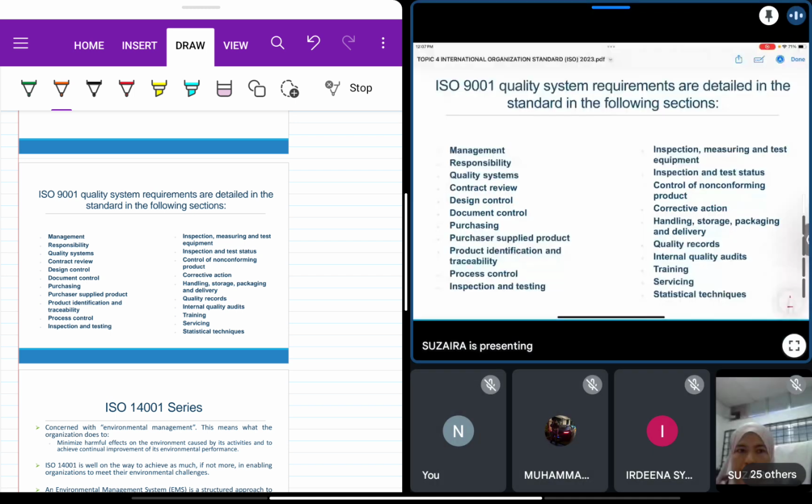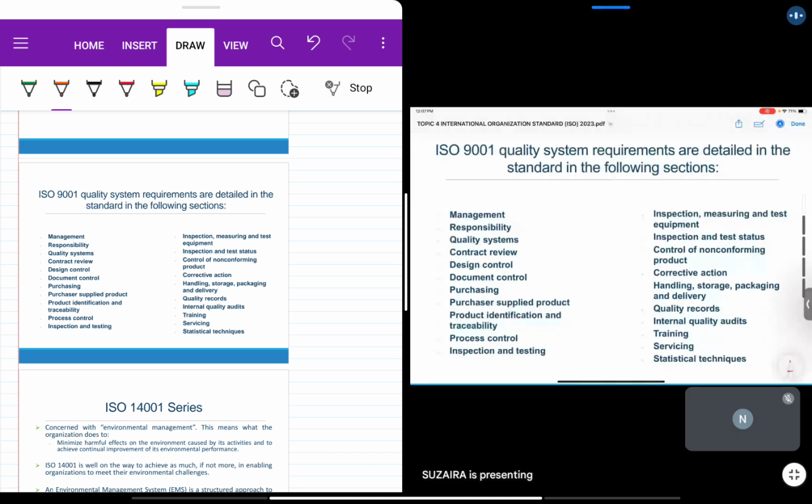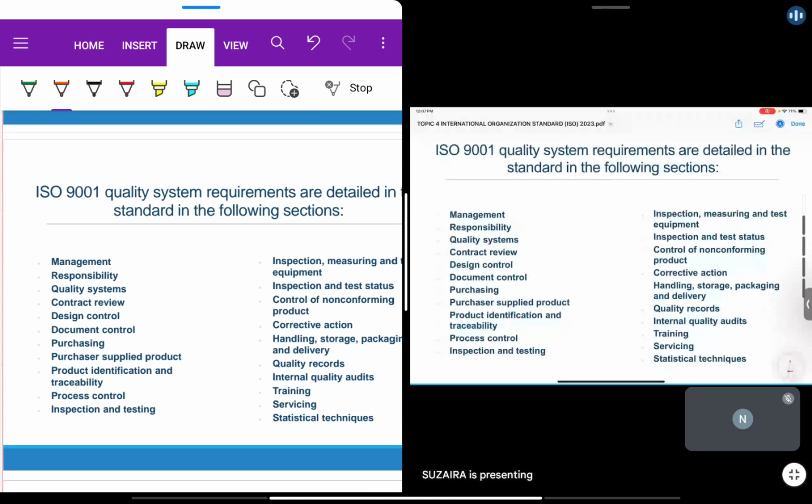But there are several requirements that we have here, which touch on the processes that we have in the factory. Just imagine that if we own a company and want to apply for ISO 9001, these are the things that you need to include in the documentation.